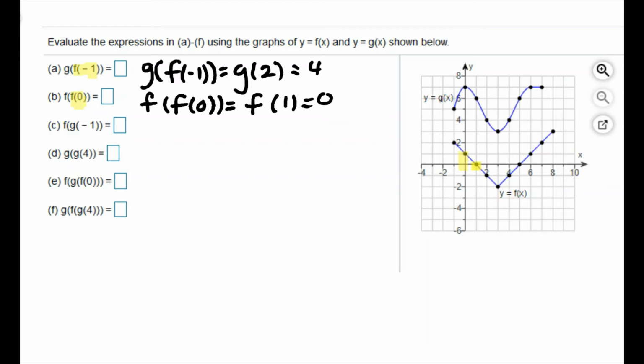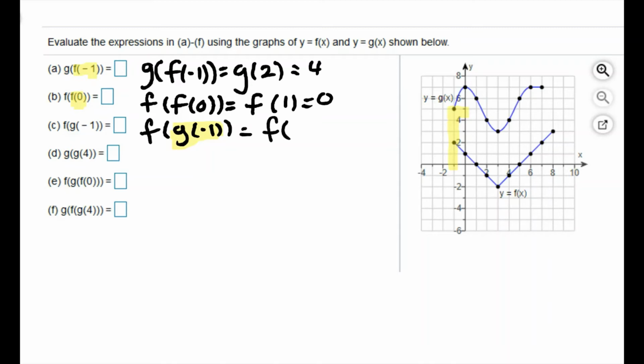Let's try the next one. We have f of g of -1. We're going to work out that g of -1 first. So -1 is right here. We want to go up to the graph of g, and we get a y value of 5 there.